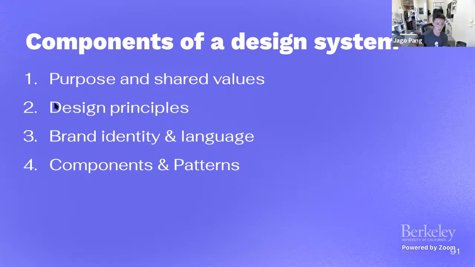Then design principles, specifically related to design: what experience should it look like? What values do you want to show when you're designing? Thirdly, the brand identity and language, so this entire DeCal. And then the actual components and patterns, the realization of the brand identity in a usable form that people can reuse again and again.